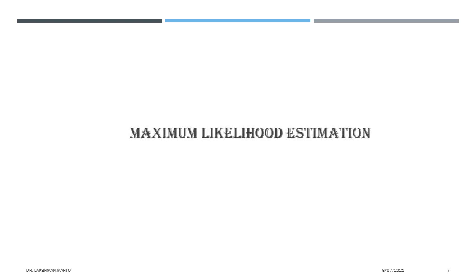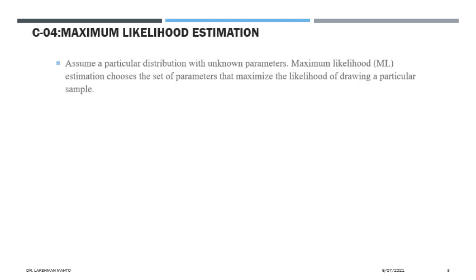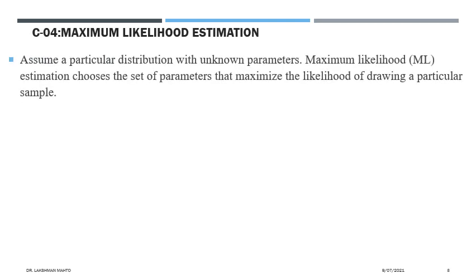Now we will go for the second part of this lecture, where I will talk about the maximum likelihood estimation approach, and also take a few examples. Assume a particular distribution with an unknown parameter. It might be binomial, normal, or any kind of distribution, and we don't know the parameter.